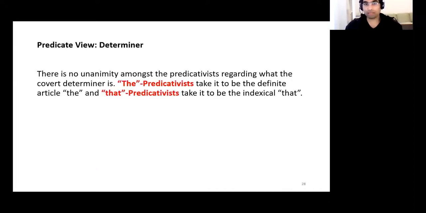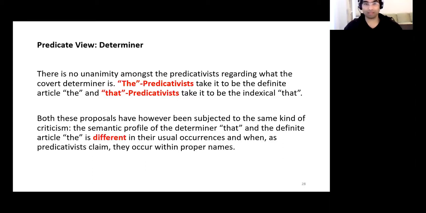Now, there is no unanimity amongst the holders of the predicate view regarding what the covert determiner is. One group of predicativists takes it to be the definite article the in English, and another group takes the determiner to be the indexical that. Both these proposals, however, have been subjected to the same kind of criticism.